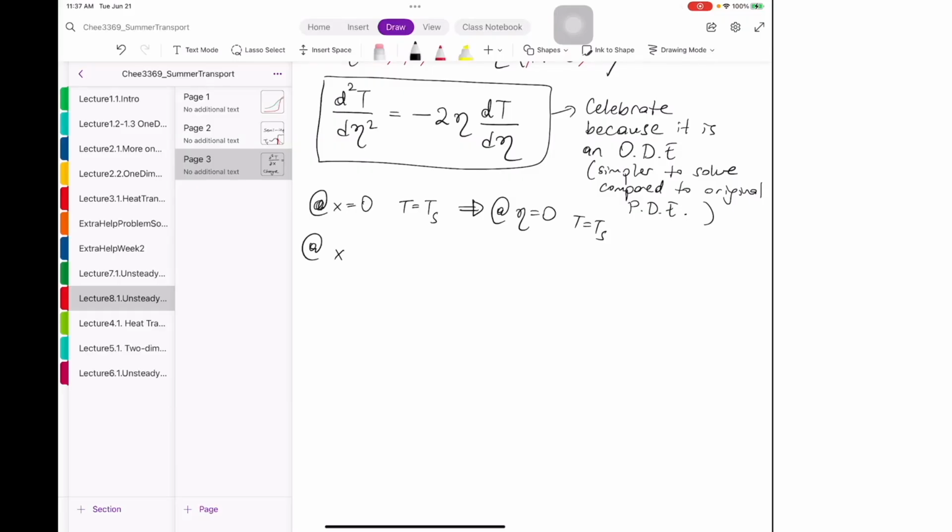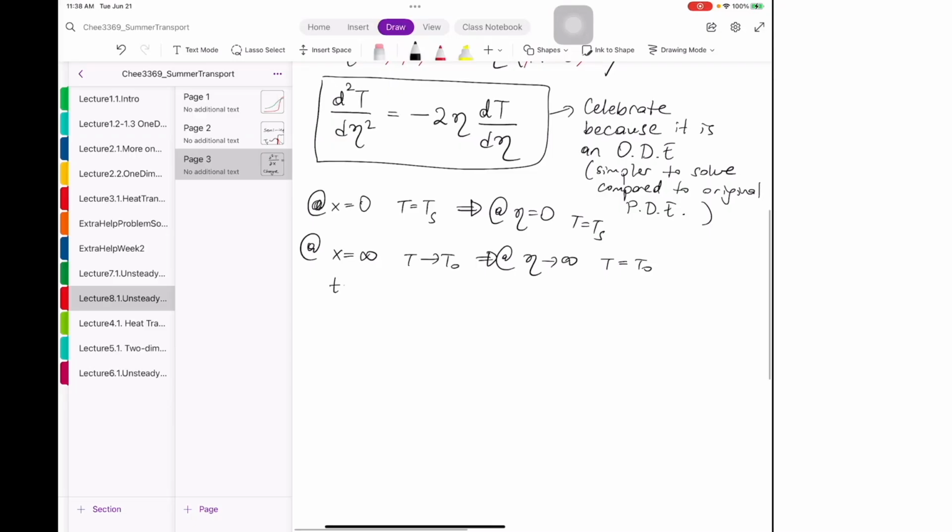And at x is equal to infinity, T goes to T0, which corresponds to eta going to infinity, T goes to T0. Similarly, for t going to 0, T is equal to T0. It's basically the same, it corresponds to the same boundary condition.